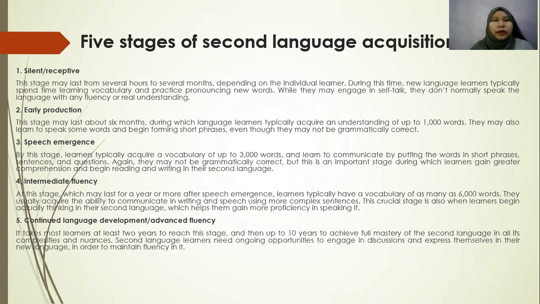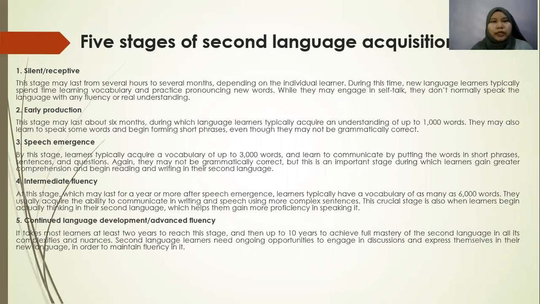So the second is the early production. This stage may last about 6 months, during which language learners typically acquire an understanding of up to 1,000 words. They may also learn to speak some words and begin forming short phrases, even though they may not be grammatically correct. Third is the speech emergence.